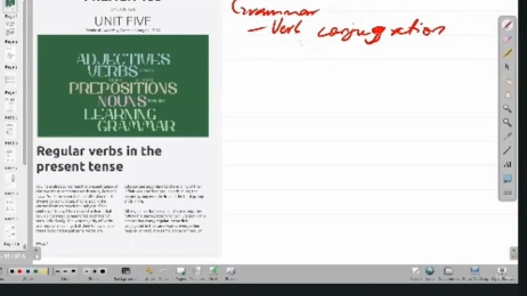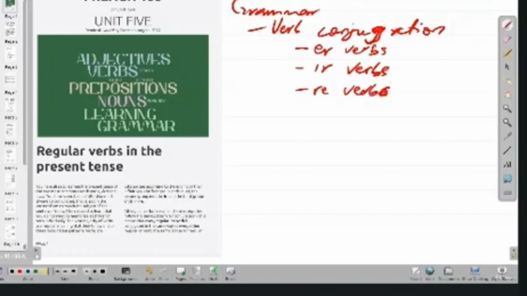Under verb conjugation, we'll be focusing on the three French verb groups: the ER verbs, the IR verbs, and the RE verbs.